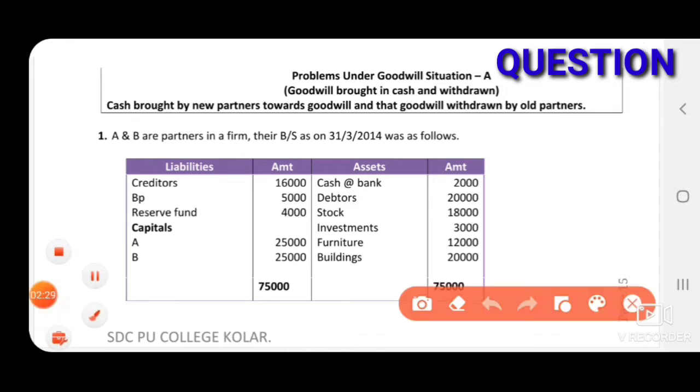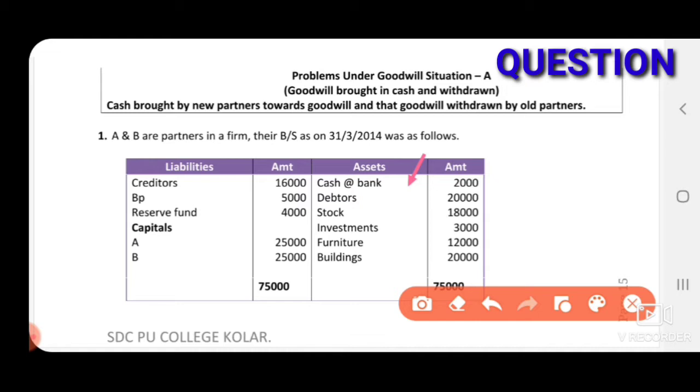Now come to the asset side. See, all the assets are transferred to new balance sheet except profit and loss if you get it on the asset side.